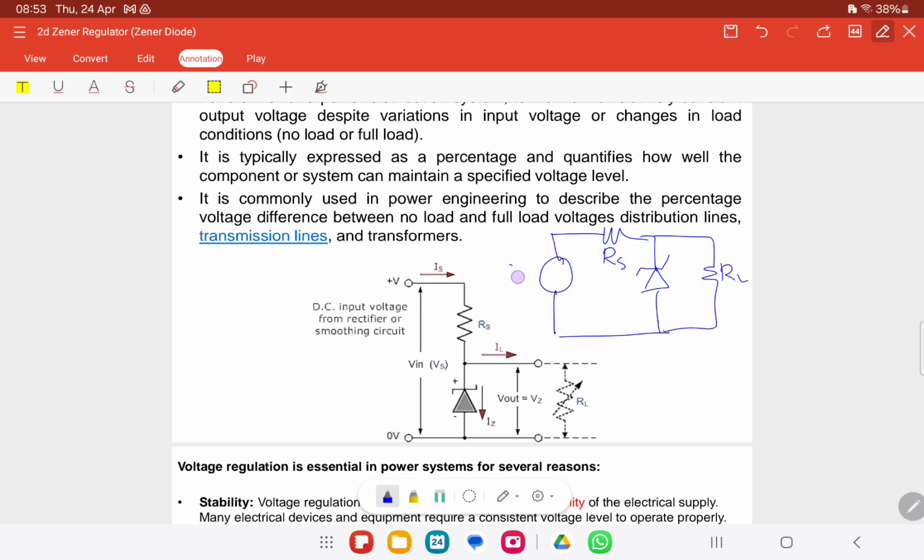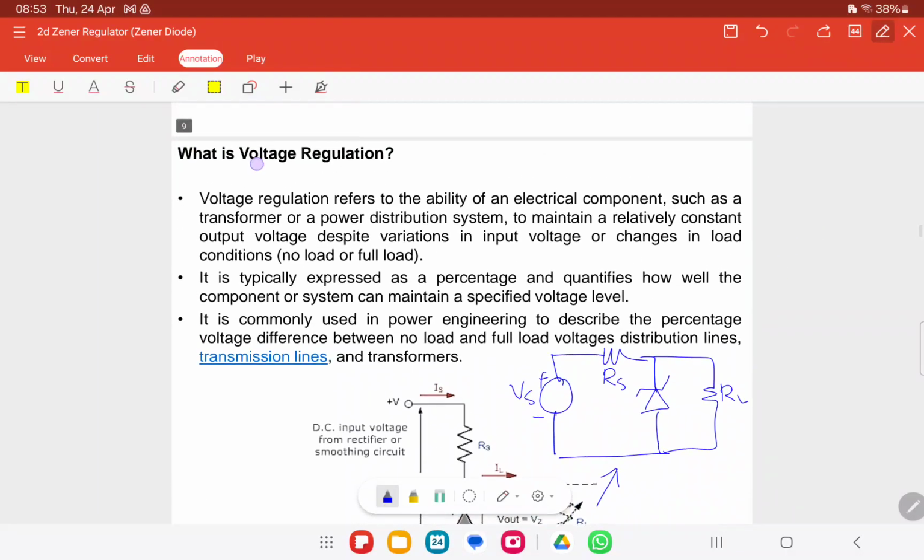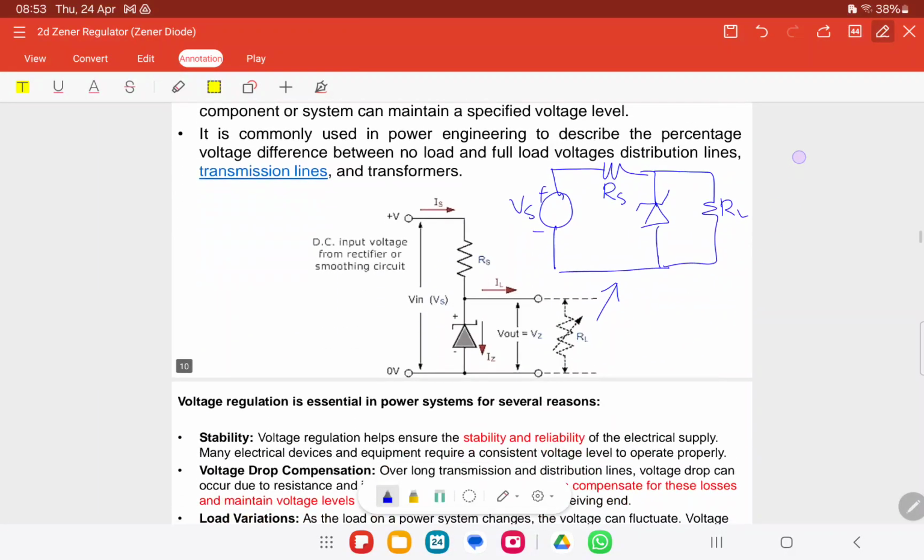Okay, VS, the supply. This is the same circuit, this one in the voltage regulator. So we have the IS here. We have the IZ because this is Zener, so we call it the IZ. We have the IL in the RL.